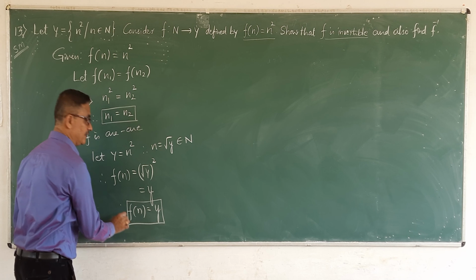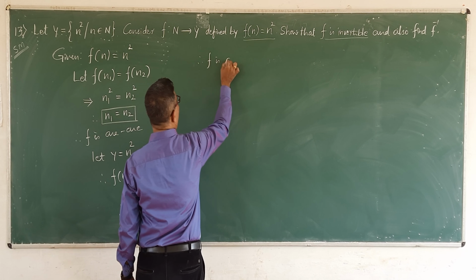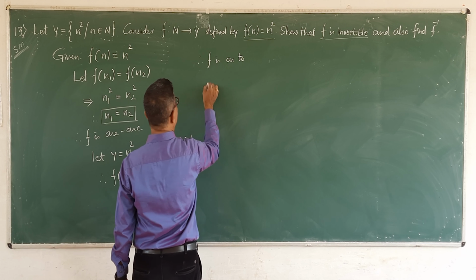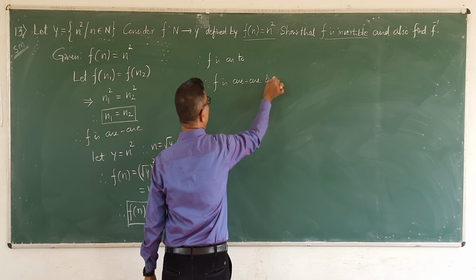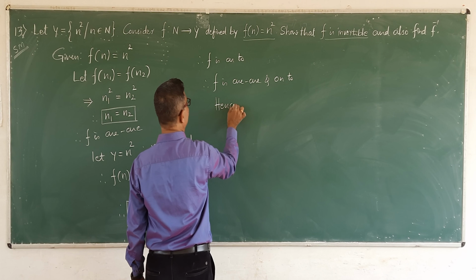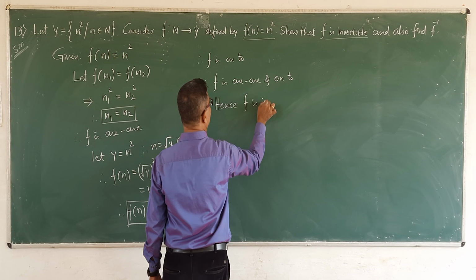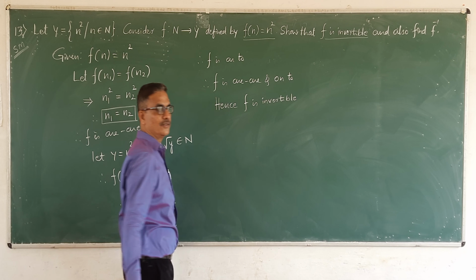That is, codomain is equal to range. Therefore, f is an onto function. Therefore, f is one-one and onto, hence f is an invertible function. First part is over.